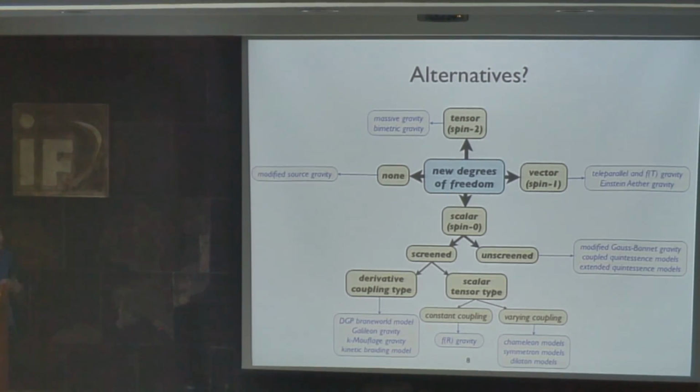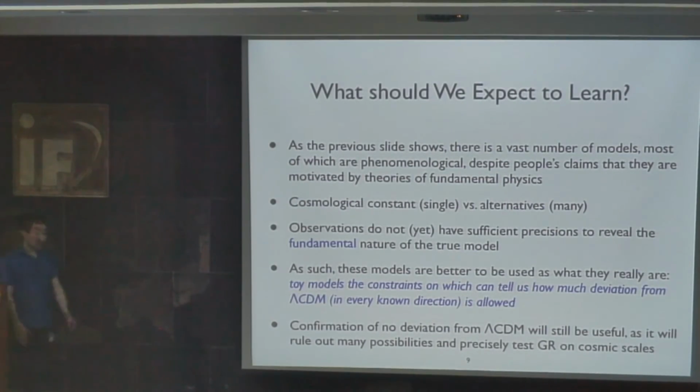And the point I want to make is that there are so many alternative models if we decide that we want to go beyond lambda CDM. And as a result, we need to find a practical way to manage these models, to test these models against observations, and to tell observers we don't want this model because it doesn't fit observation.